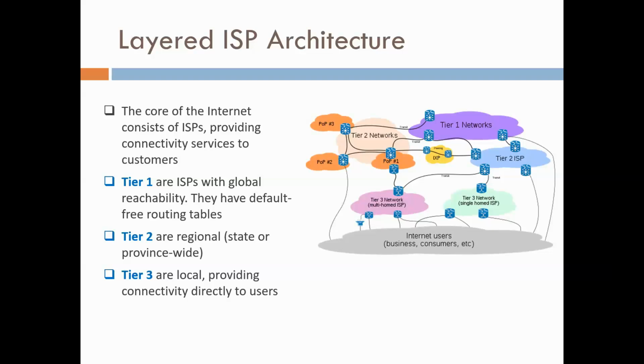How do these tier 3 ISPs get their own connectivity? They subscribe to a tier 2 ISP, and tier 2 ISP can also subscribe to a tier 1 ISP, and tier 1 ISP doesn't actually subscribe to anyone, but they create a peer-to-peer network among other tier 1 ISPs so that they can achieve global connectivity.